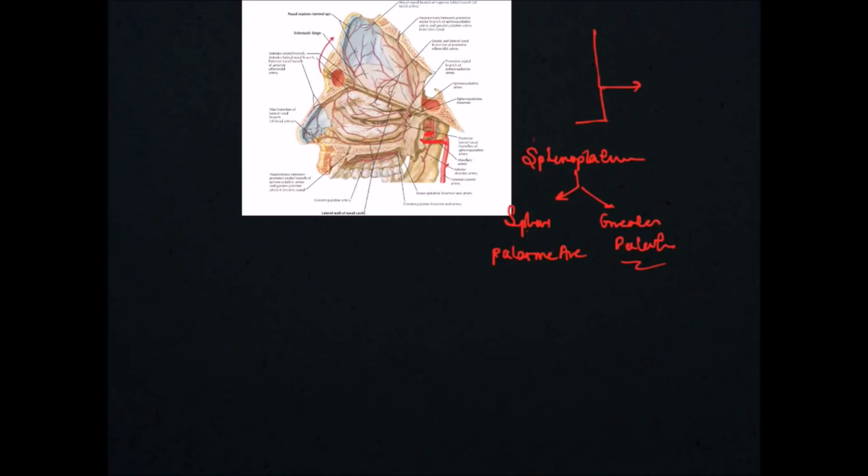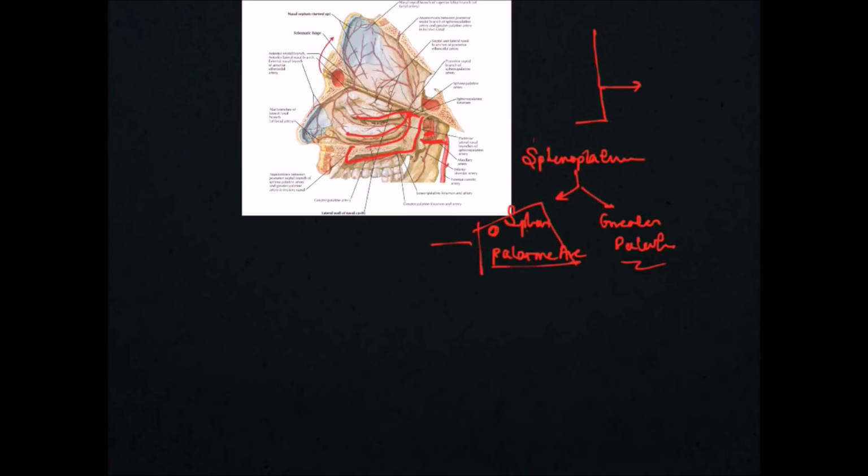The greater palatine artery passes through the greater palatine canal and then through the greater palatine foramen, supplies the palate, and then via a canal it enters the nasal cavity and supplies the lowermost portion. The sphenopalatine artery passes through the sphenopalatine foramen and supplies the nasal cavity in most of its portion. So this is the main artery of the nasal cavity.